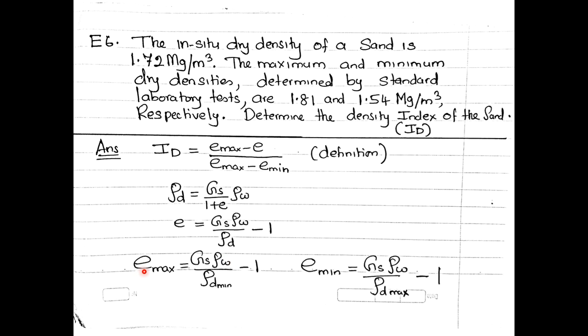Then E maximum means rho D minimum, rho W constant. E minimum, rho D max, minus 1.